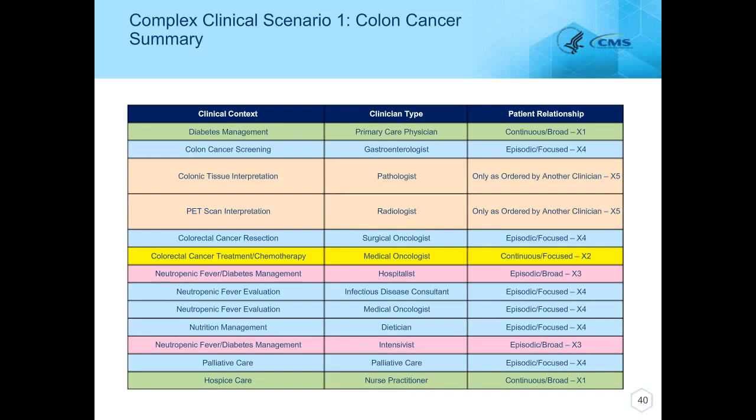It could change with time, and that can be updated with every claim, or it could remain the same. And so given that our relationships with our patients do change over time and with the services rendered, that gives good flexibility for the clinician to be able to describe their relationship at each encounter.